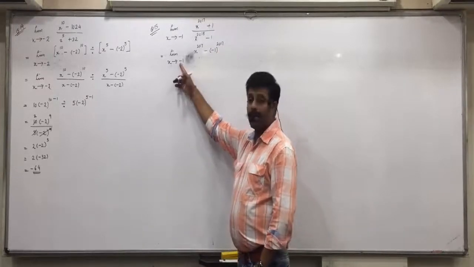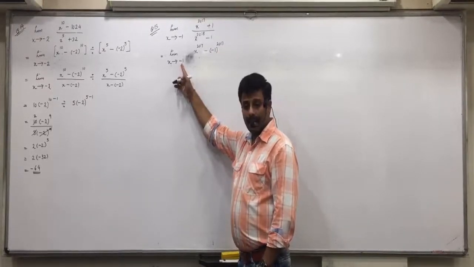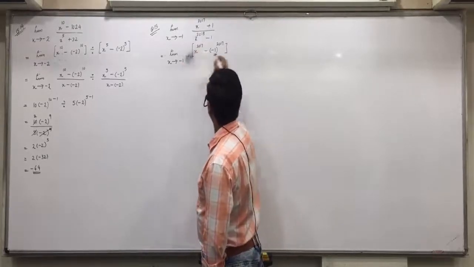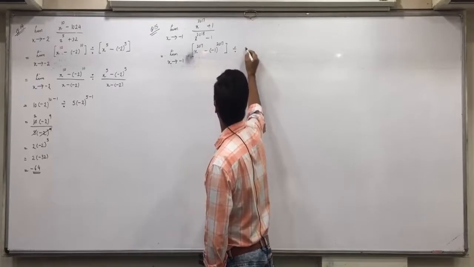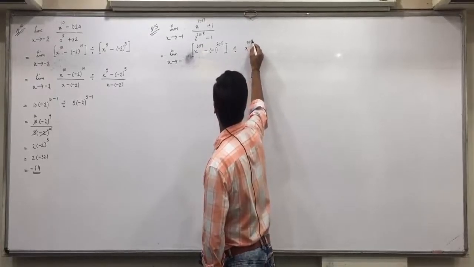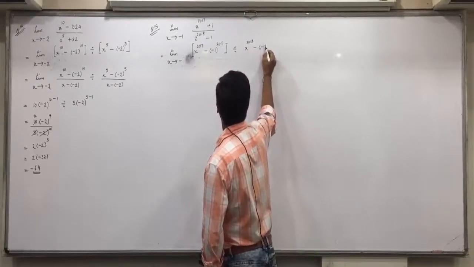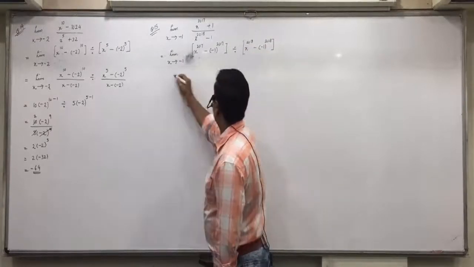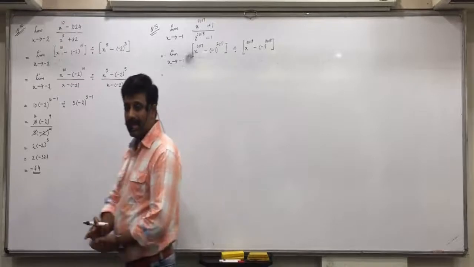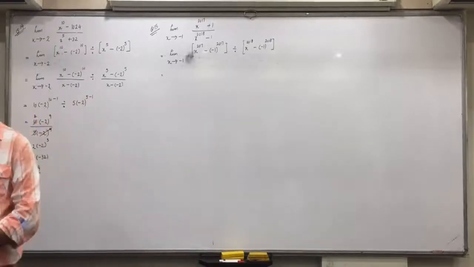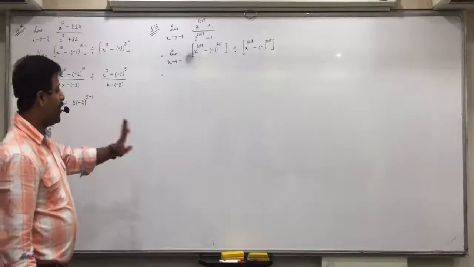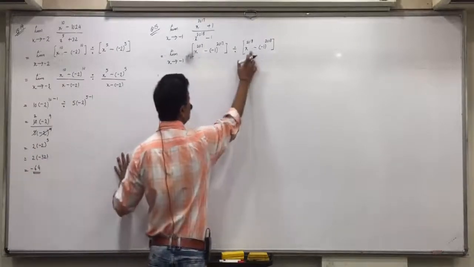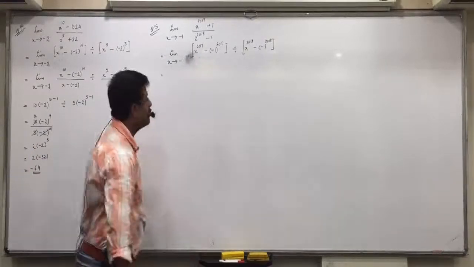As I said, you'll always write this minus 1 raised to 2017, divided by x raised to 2018 minus minus 1 raised to 2018. I'm not explaining how they would be the same, they'll be the same only, don't worry. In between write minus, and directly this minus 1 raised to 2017, minus 1 raised to 2018.